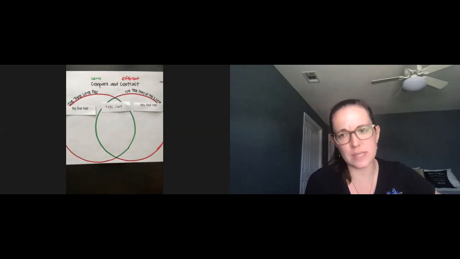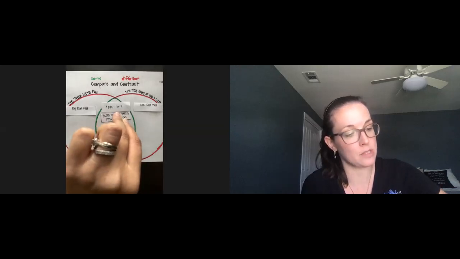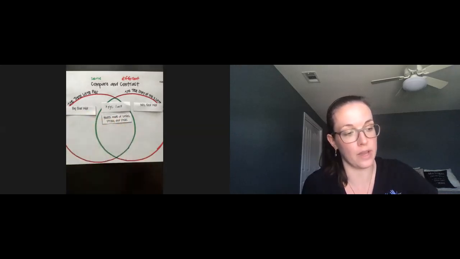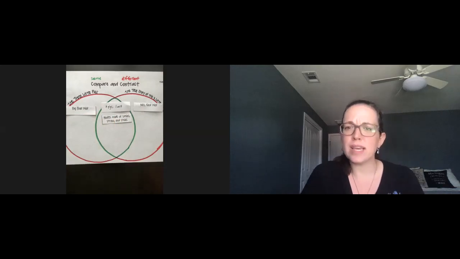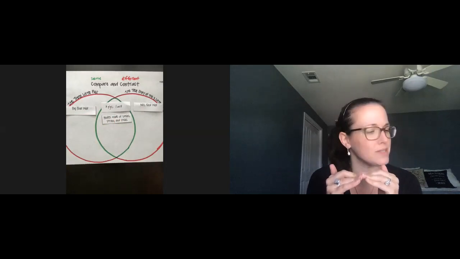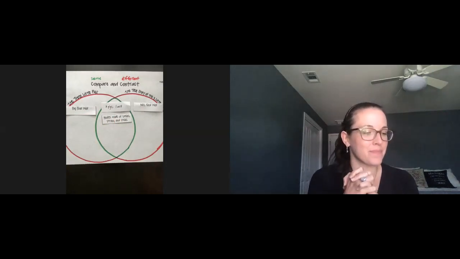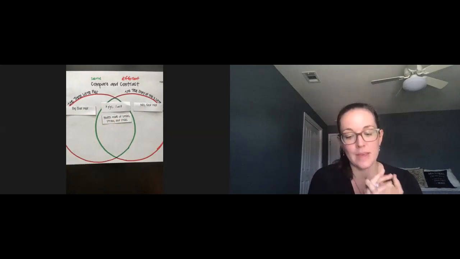So where does that go if it's in both stories? Put your finger on your page where it goes. Yep, if it's in both stories, that's how it's the same. So that is going to go in this green area. So how are they the same? We could say they both have houses made of sticks, straw, and bricks. So that's the way they're the same.